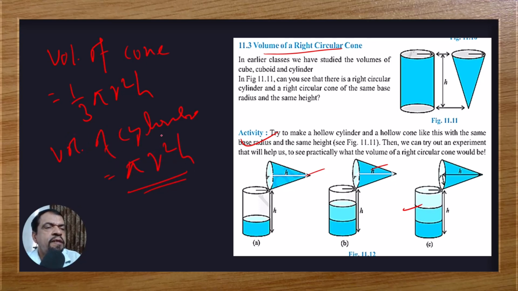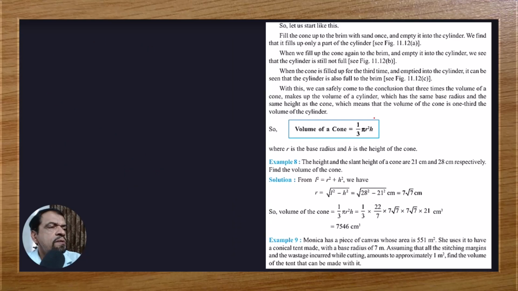So this will be 1/3. Using this activity they verified that. So what is the relation between right circular cone volume and cylinder volume of same height and same radius? The volume of cone is 1/3 of volume of cylinder. Vice versa, you can say the volume of cylinder is 3 times the volume of cone. So this is the volume of cone.